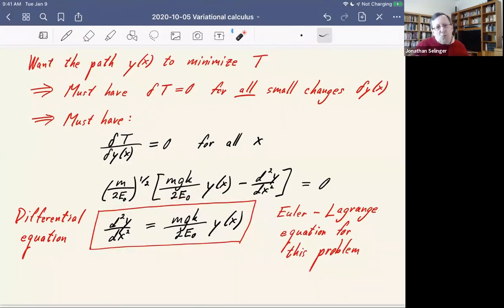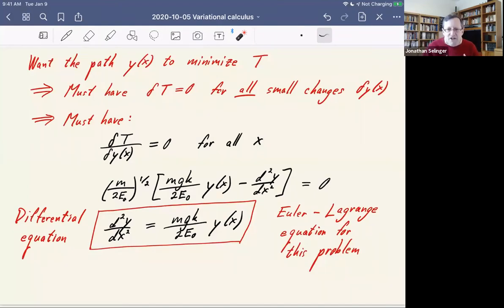Now, we still have to solve it, right? We don't have the solution yet. So we need to solve this differential equation using whatever is your favorite method for solving differential equations.